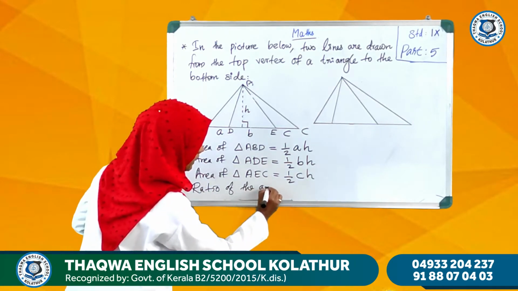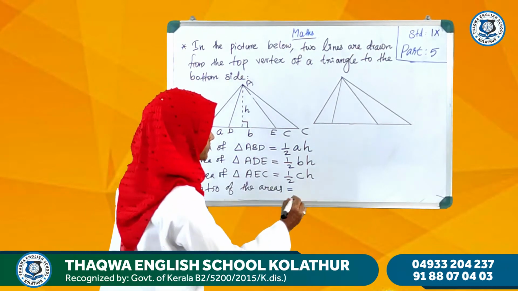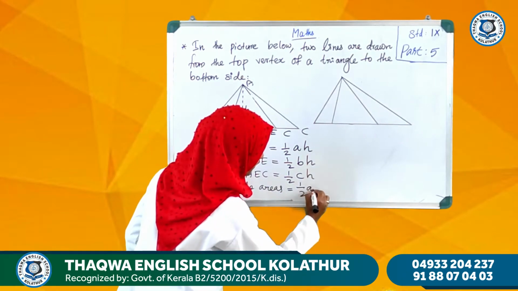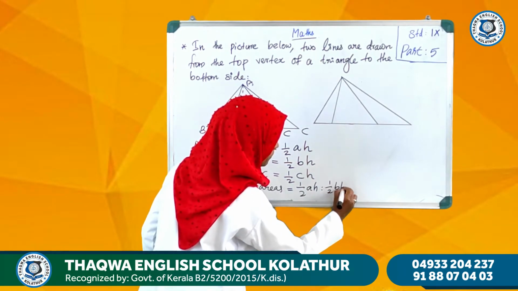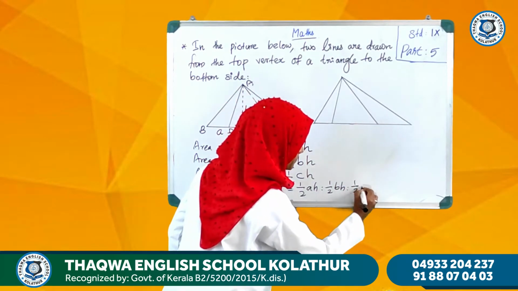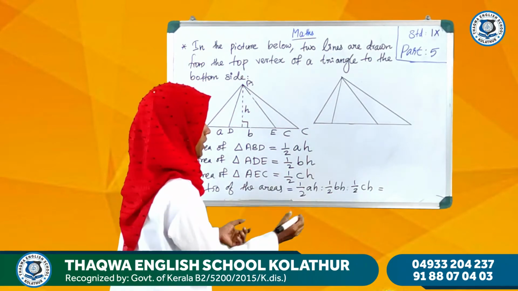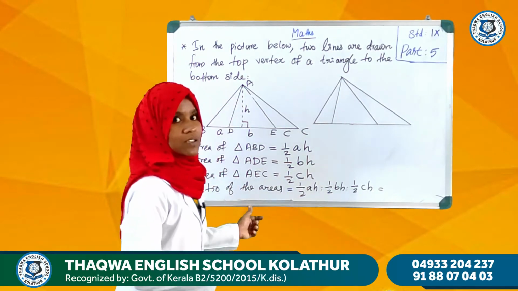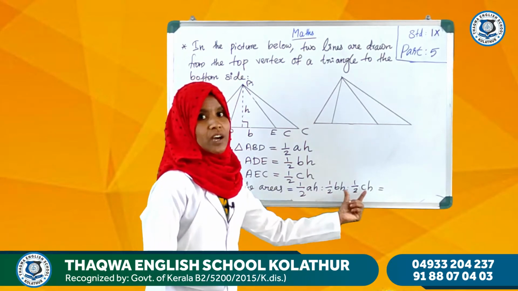Ratio of the areas. What do you get? Half AH is to half BH is to half CH. What is the simplest form of this?